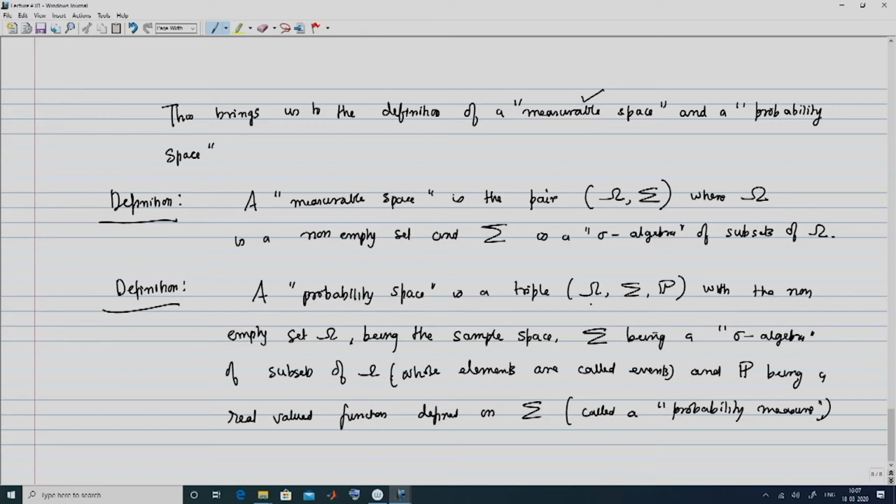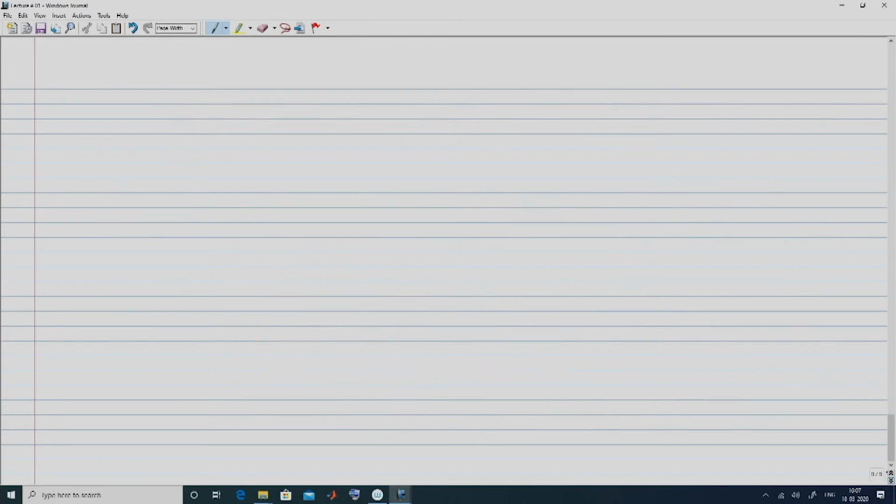So, basically the probability space is this triple omega, sigma, P, where omega is the sample space, sigma is a sigma algebra and P is a probability measure.